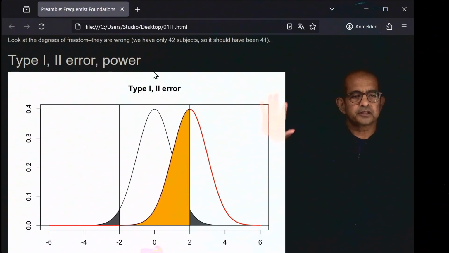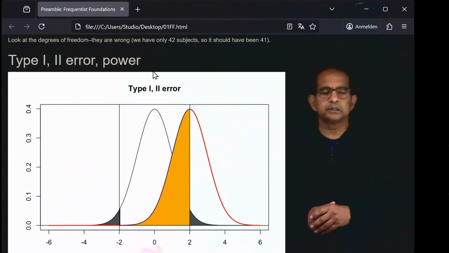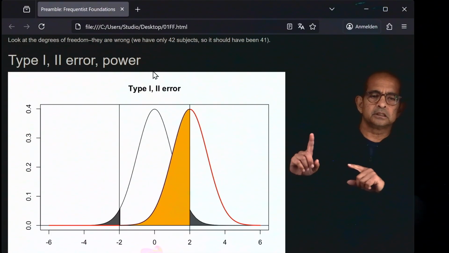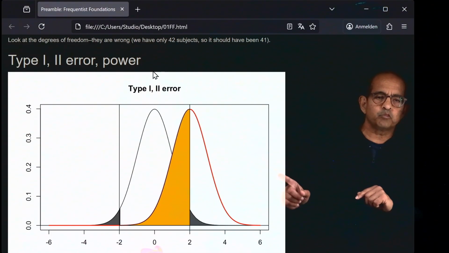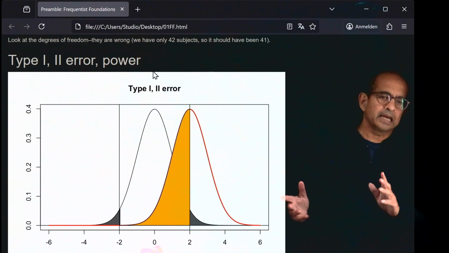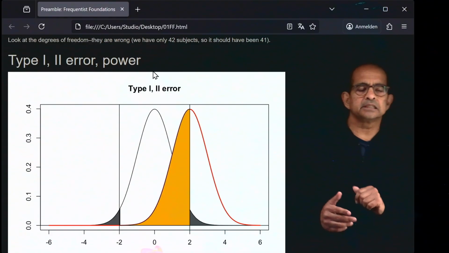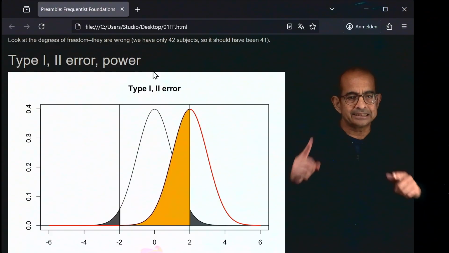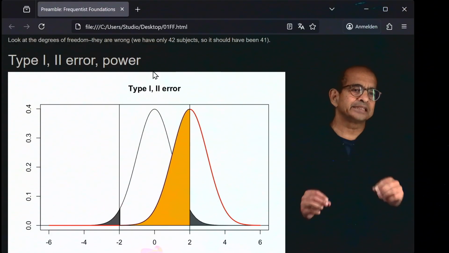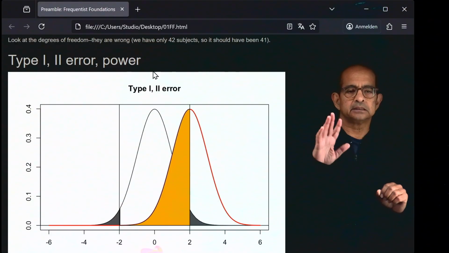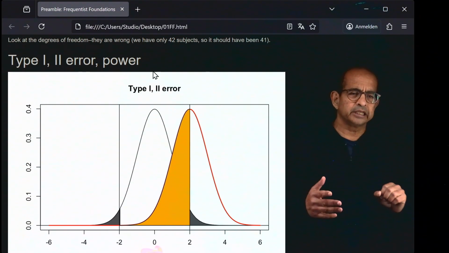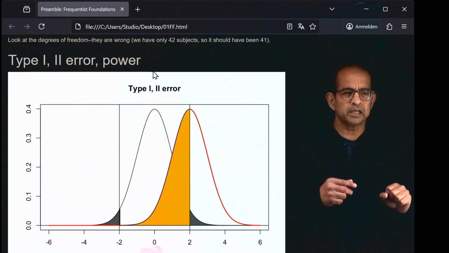This is the significance of the figure I'm showing you here, because what this figure does is display the relationship between type 1 and type 2 error, and by implication statistical power. The black colored regions under the null distribution represent the type 1 error. I don't know what color this is, maybe orange or yellow, I'm kind of colorblind.